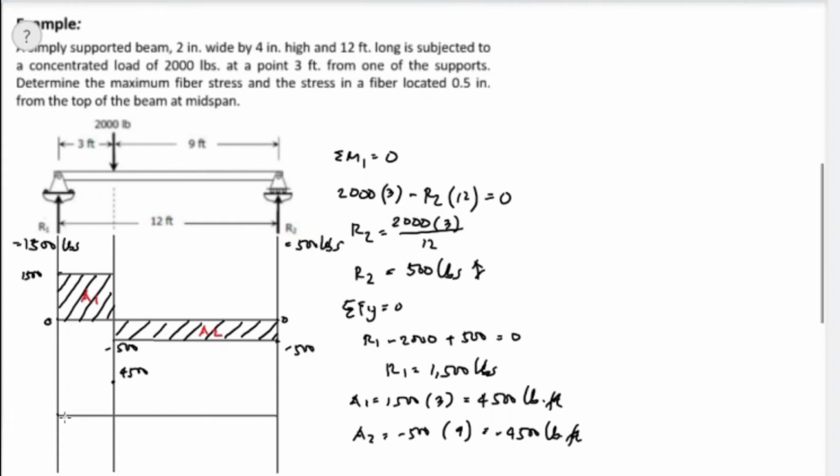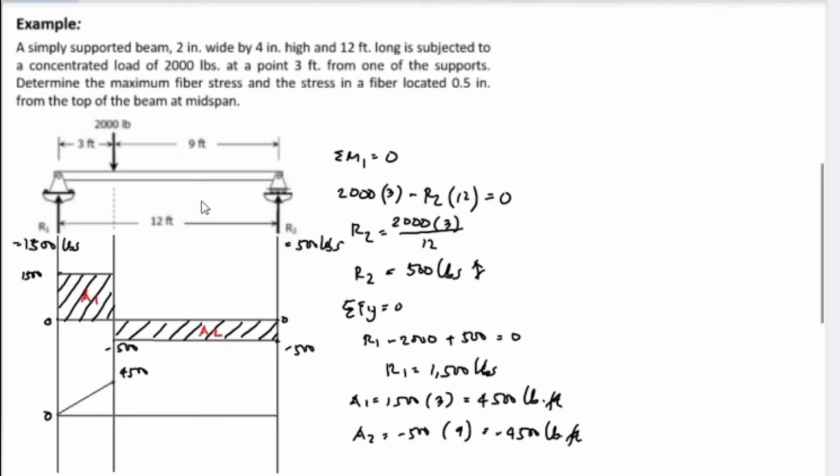So this will be from 0 up to this point. So this will be 0. From this point, which is 4,500, we have area 2, and area 2 is negative 4,500. So 4,500 minus 4,500, the value is 0 at point 2.